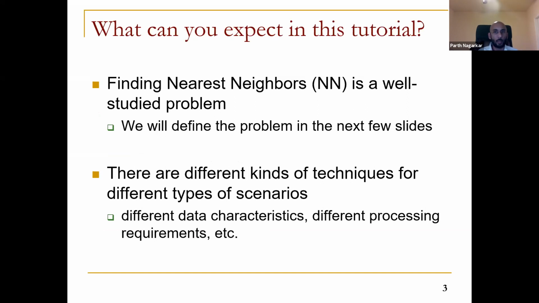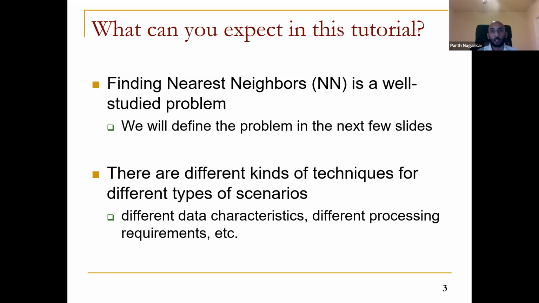With so much data explosion, every application has its own data characteristics and its own different processing requirements.